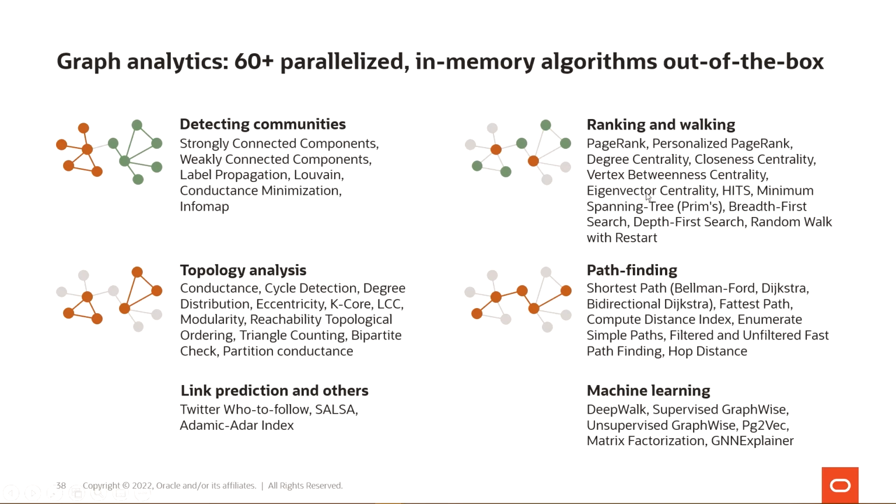There are many more algorithms in the different sections. For detecting communities, we have algorithms. I talked about the Louvain algorithm. There is also analysis on the topology of the graph, like counting triangles or reachability.